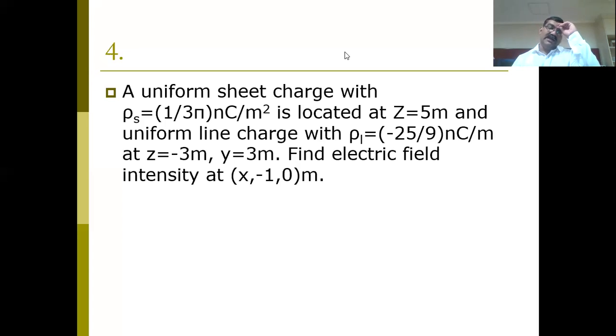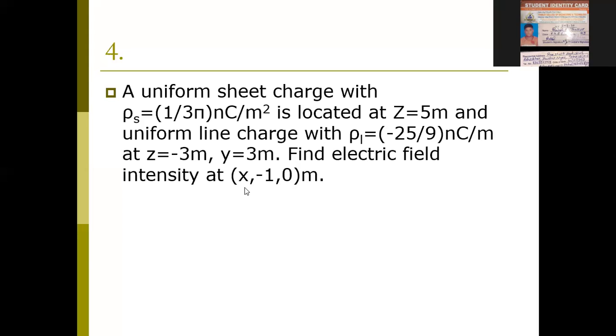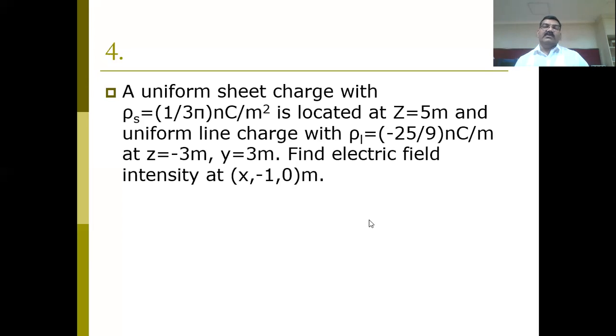So while calculating the vector, you have to be very cautious. You can consider x positive, negative, whatever, but in a general way. This is the same simple problem we solved at the very first. The only difference is that x is there, so while calculating the vector you have to put this x.